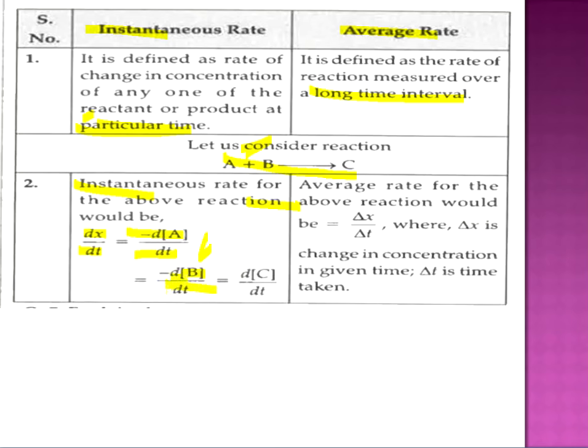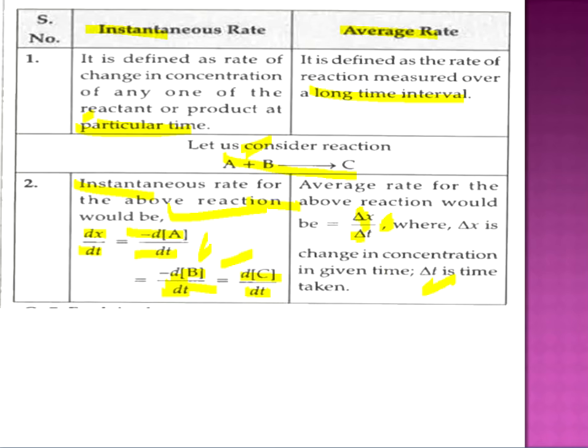This is the reactant side, that's why we take the minus sign, and for the product we take the positive sign, dC upon dt. So this is the instantaneous rate. And for the average rate we will use the formula delta x upon delta t, where x is the change in concentration in a given time. So this is the example of average rate of reaction.